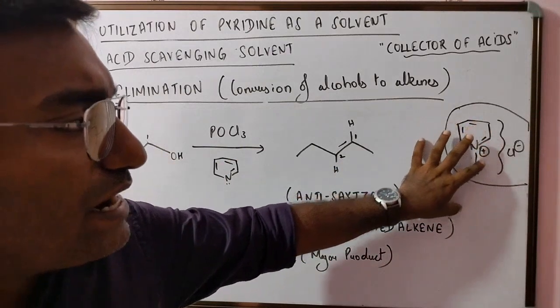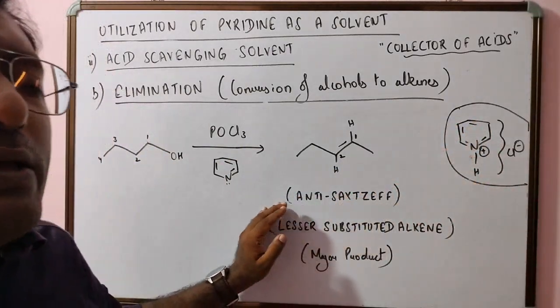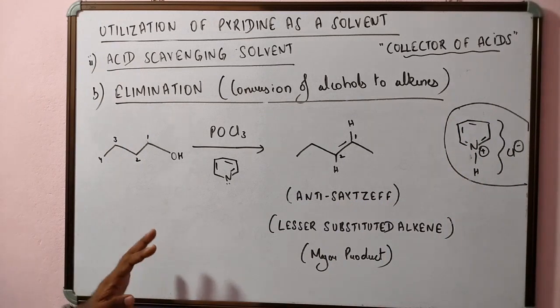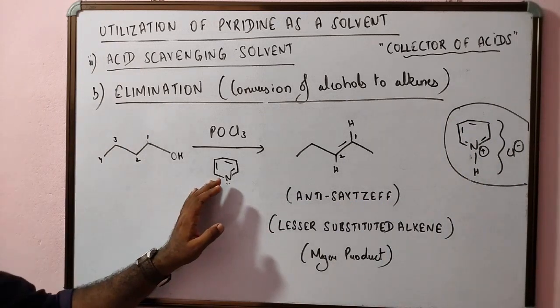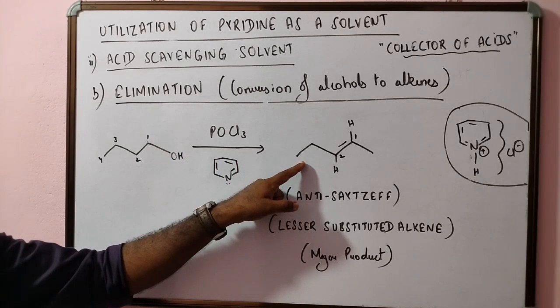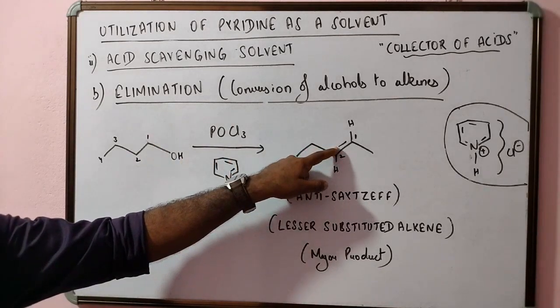Although the collection of this acid has no impact on the rate of the reaction or the yield of the product, it is noteworthy that the use of pyridine determines the stereochemistry of the product. It determines where the double bond would come.